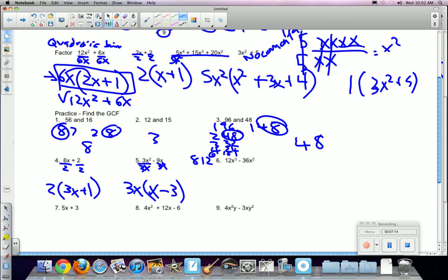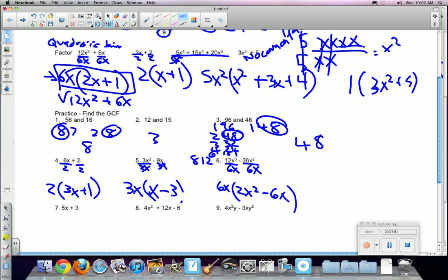How about this one? 12x squared. Now, just for fun, let's do 6x and see what happens. Let's assume that 6x is the greatest common factor. Then I would be left with 2x squared and 6 minus 6x. You'll notice, oh wait, I still have some factors there.